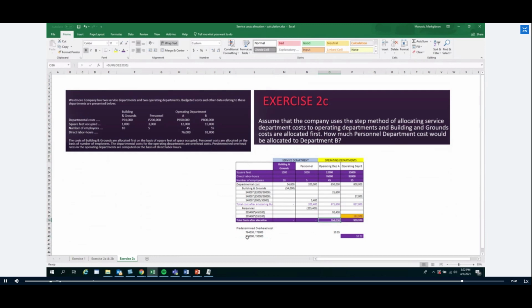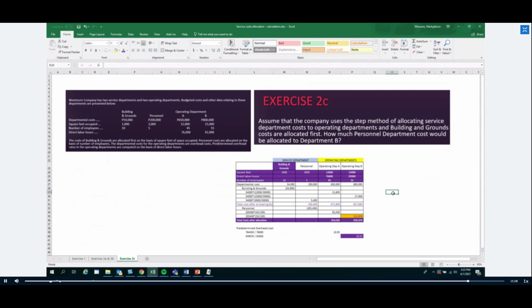So ayan. And 939,970. Okay. Okay, so that will be your predetermined overhead rate.